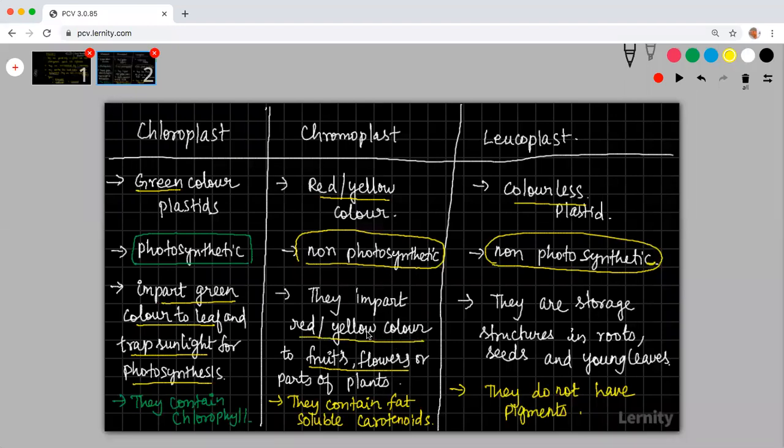Those will have lots of chromoplasts. Leucoplasts can be seen in roots, seeds, and young leaves. Their major function is to store food. There are two types of leucoplasts which you have to know. One is what we call amyloplast.